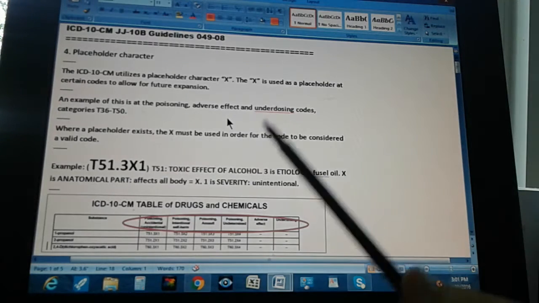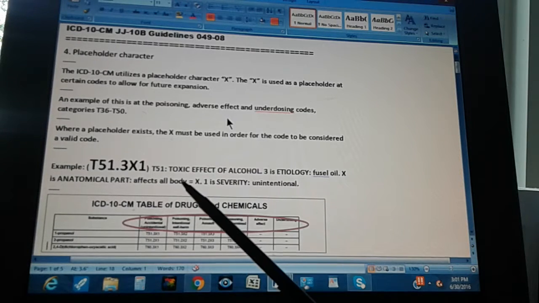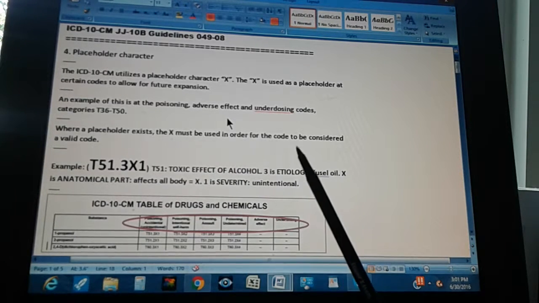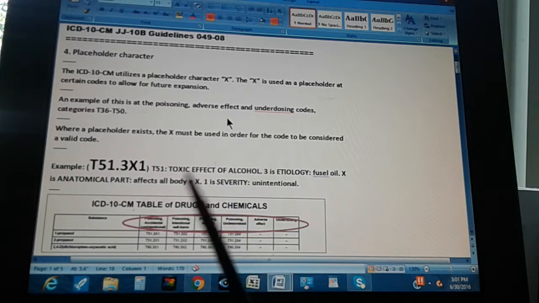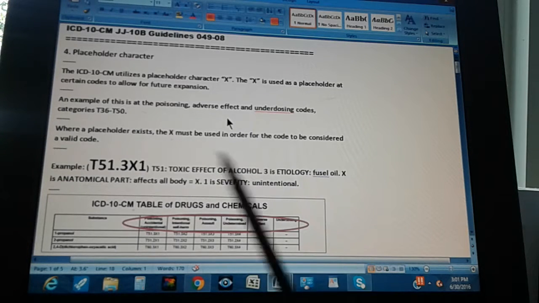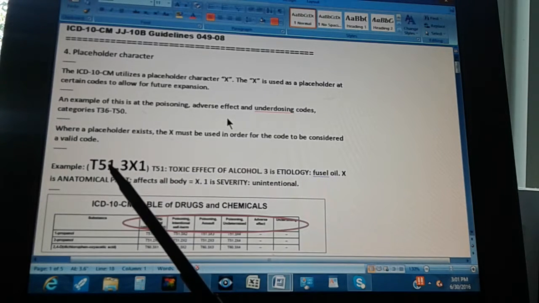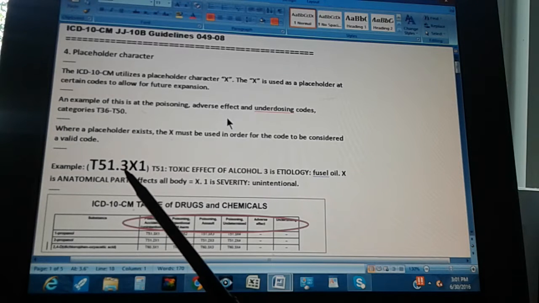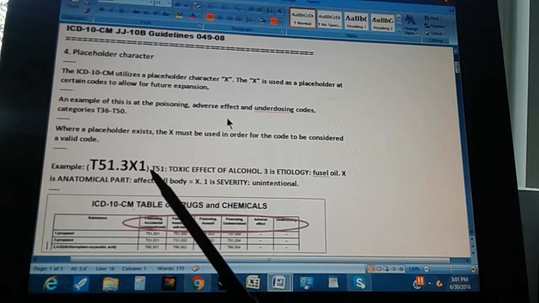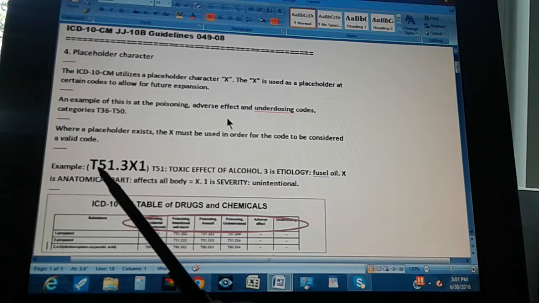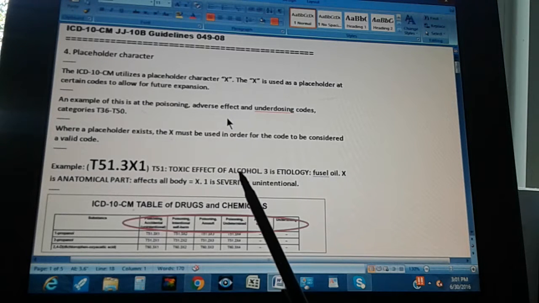Let's explain this. For example, this is the code for toxic effect of alcohol by fusel oil, and that is unintentional. So the code is T51.3X1. Let's explain the whole code. T51 is toxic effect of alcohol.